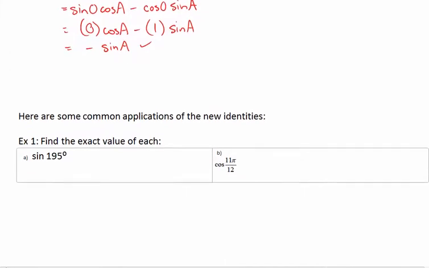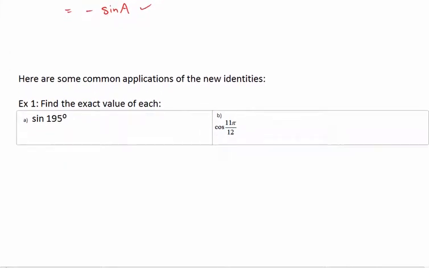Now, here are 2 other examples, similar to what I started with a short time ago at the start of the lesson. Find the exact value of this degree measured sine function and cosine function in radians. So we want to think about 195 using a sum or a difference. Now, I could say something like 180 plus 15, but I don't know 15 is a special angle, so that's not very helpful.